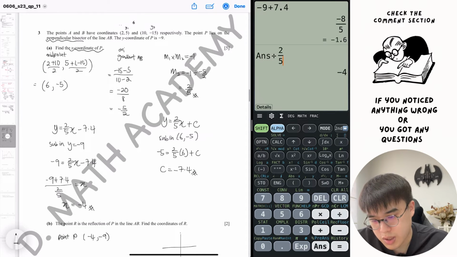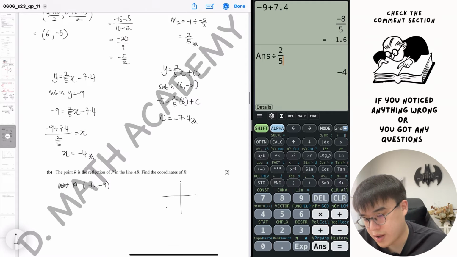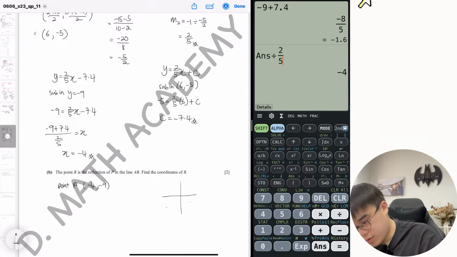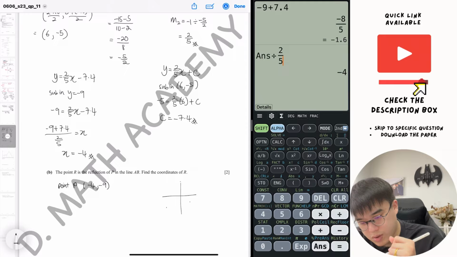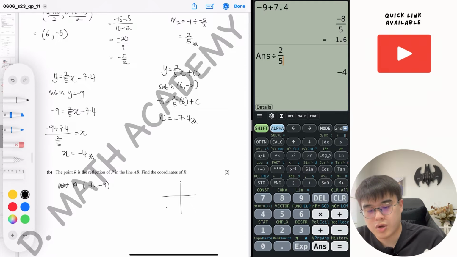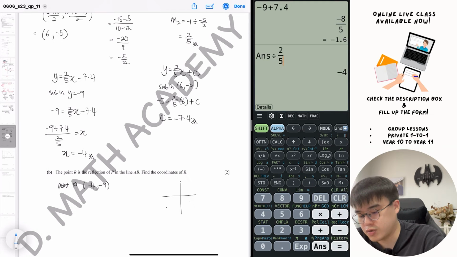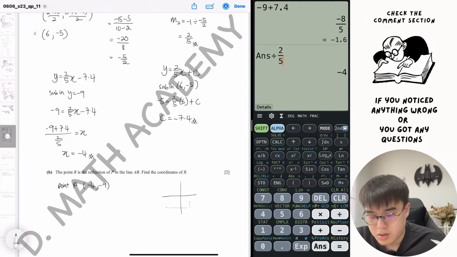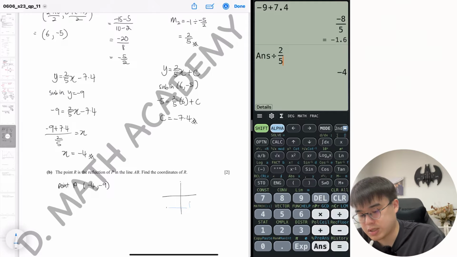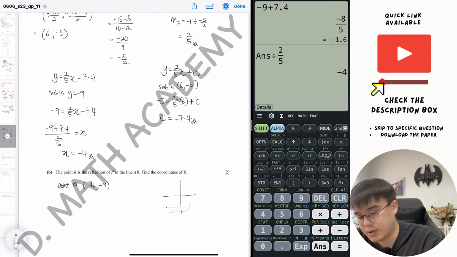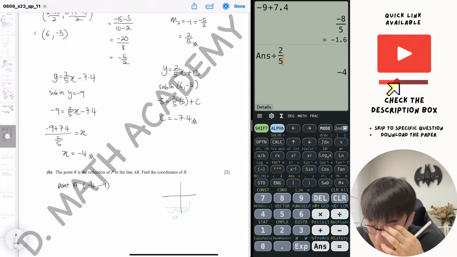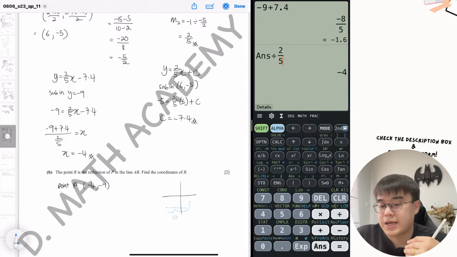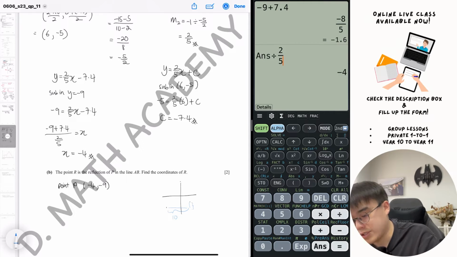Our midpoint is at (6, -5). To trace this, you can actually use your vector or translation. So from -4 to get to 6, I went by a total of 10 steps towards the right-hand side, and I went up by 4 steps.